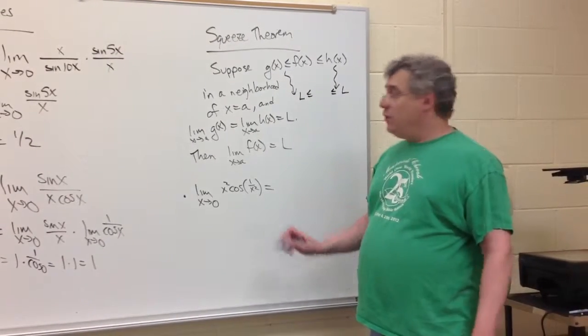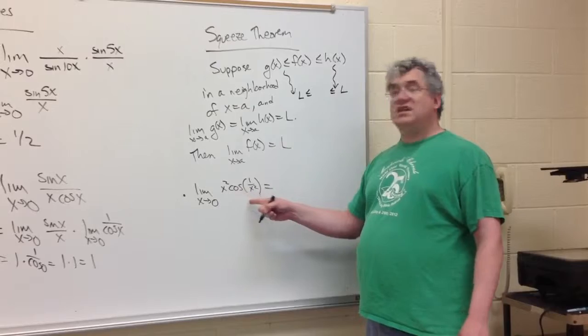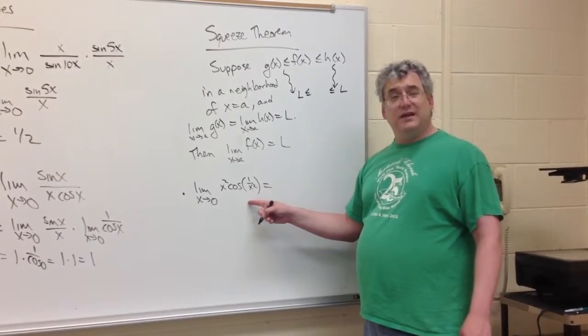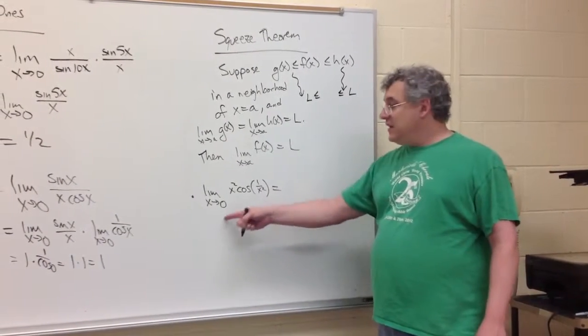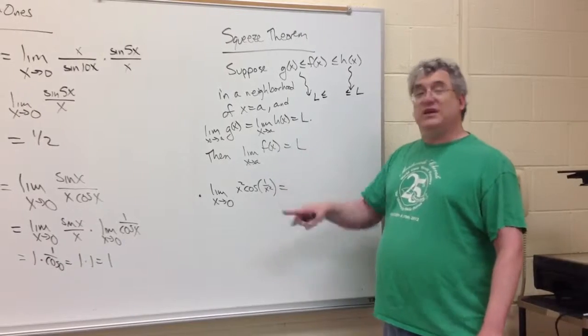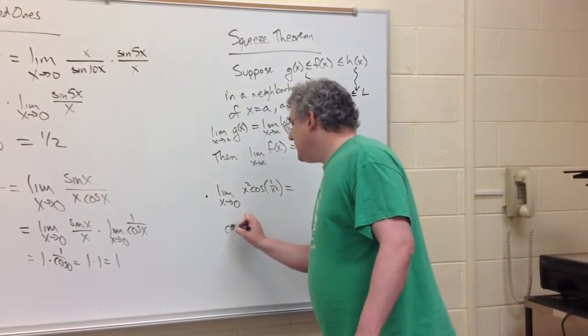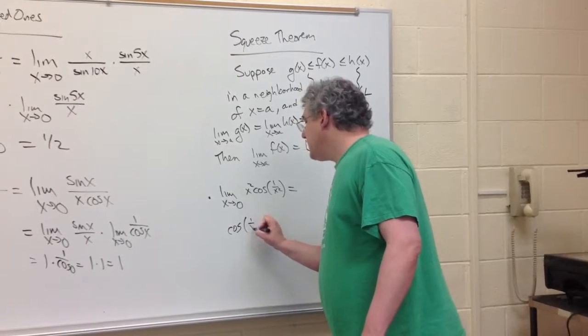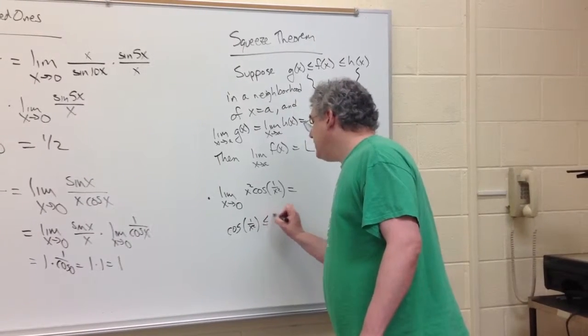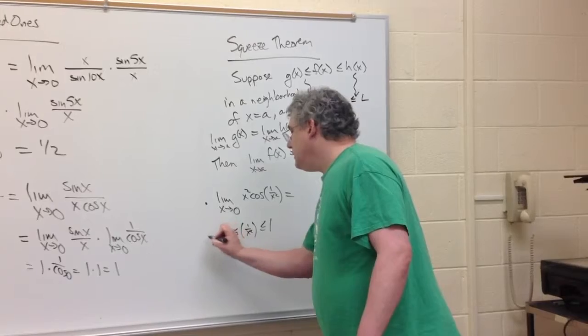How is that useful? Well, look at this function right here. The cosine of 1 over x squared is a horrific thing. It bounces all back and forth. Near x equals 0, this kind of wobbles back and forth really, really fast. But we know the cosine of 1 over x squared is between 1 and minus 1.